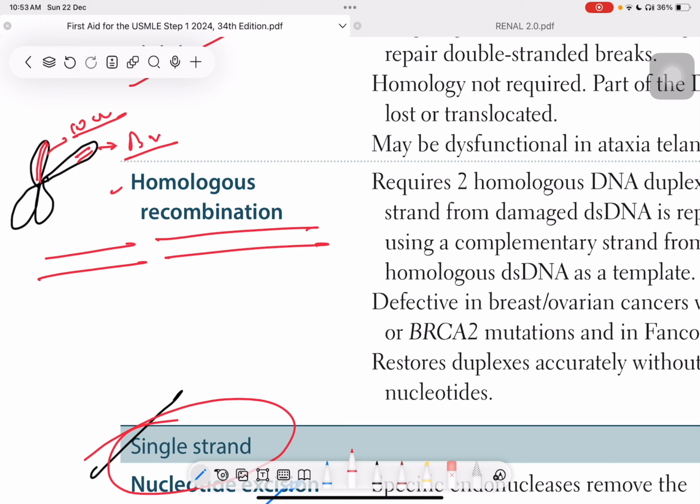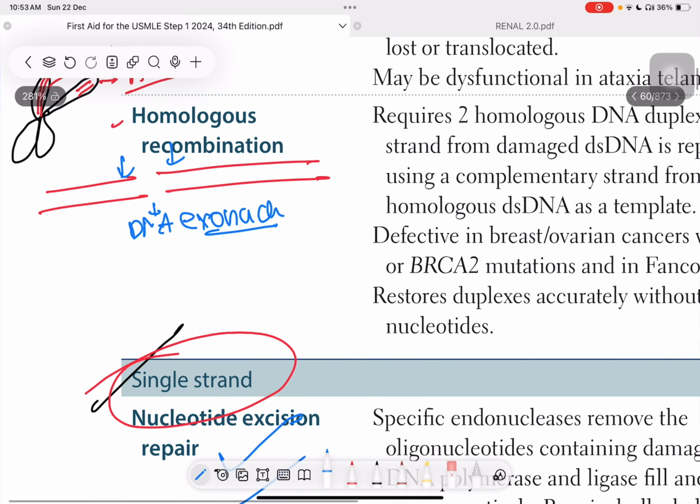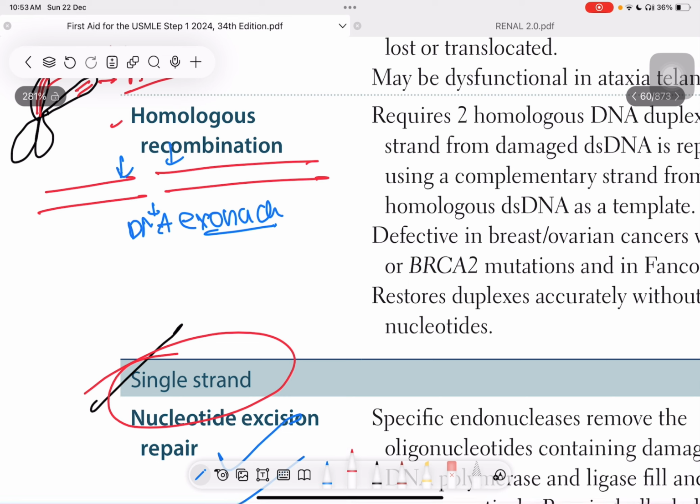How do we do it? First, your DNA exonuclease will act over here and remove this segment of DNA.